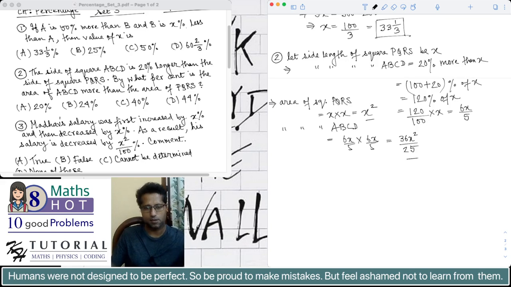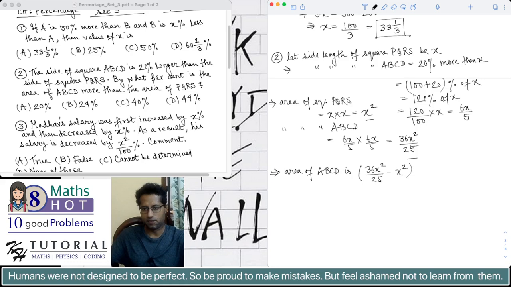The question asked is by what percent is the area of ABCD more than the area of PQRS? So we can say, therefore, the area of ABCD is how much more? How more is the area of ABCD than PQRS? It is 36 x square by 25 minus x square.